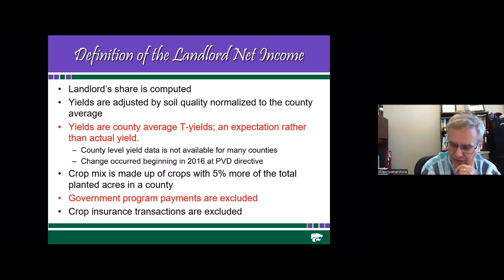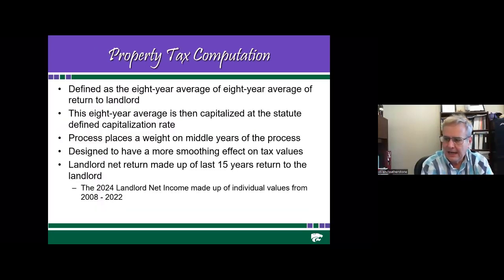The other thing that is excluded is crop insurance transactions. They are excluded. One of the things in terms of thinking forward, as the T yields become more ingrained in the calculations, the fact that crop insurance transactions are not included is probably less of an issue going forward than maybe it had been in the past. And so certainly that is there.